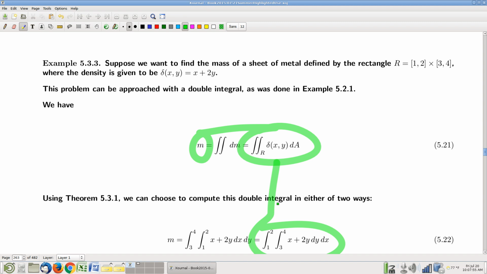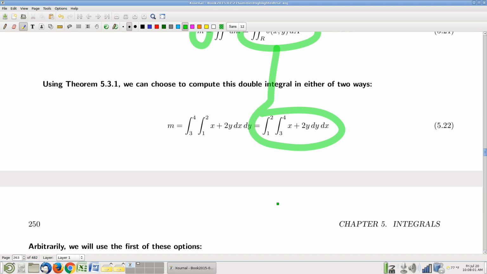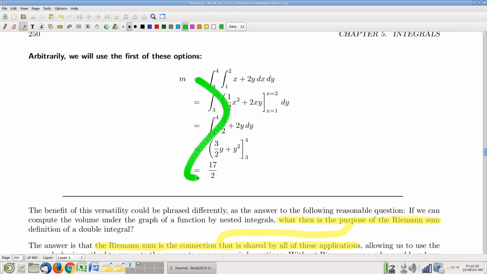You can slice it either way you want. So there's step 1 and step 2, and then step 3 is just tedium. Do the double integral. Don't forget to pay attention to what's a constant and what's a variable. But it's just the fundamental theorem of calculus. Everybody happy? Any questions about this? There are some subtle ideas going on in here, so I want to make sure everyone's comfortable.